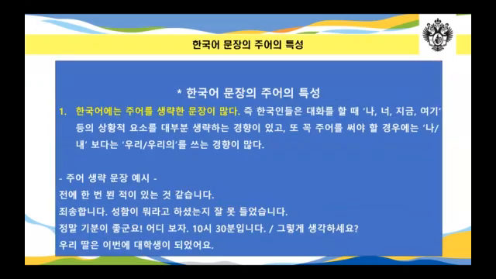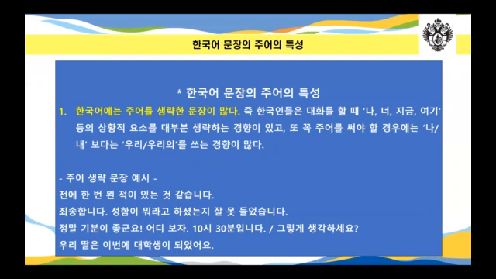Now let's talk a little bit more about the composition of sentences in Korean. Sentential components include subject, predicate, object, complement, adjectives, adverbs, independent words, etc. There are two main features of subject in Korean sentences.